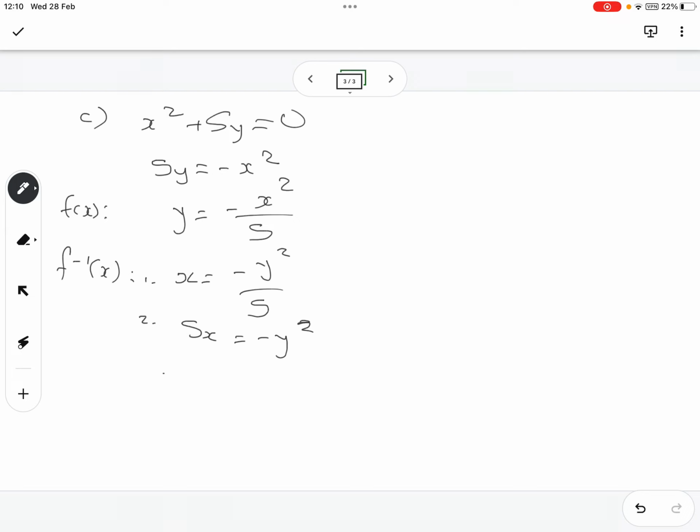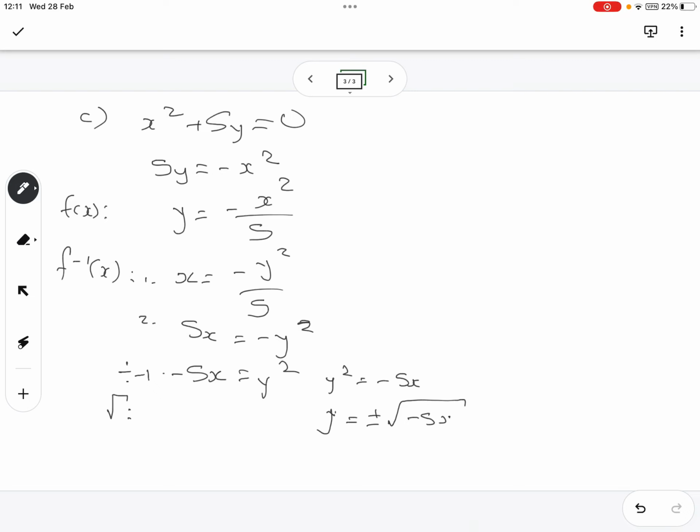Then divide by the negative sign so that negative 5x is y squared, and then take the square root, such that y squared equals negative 5x.